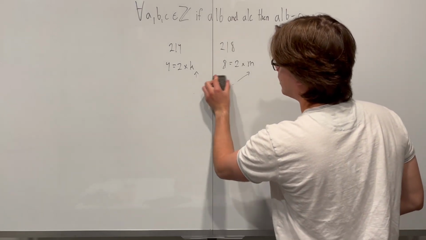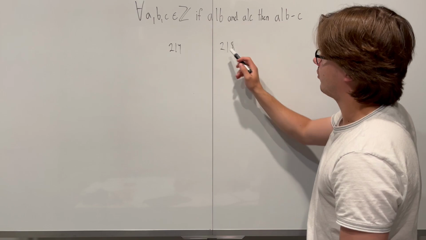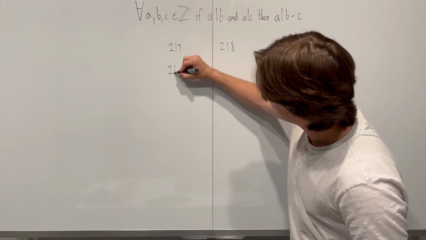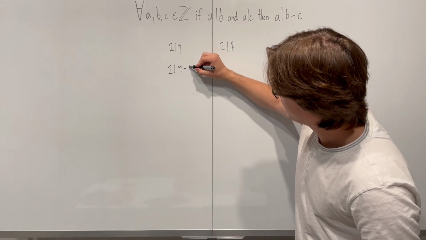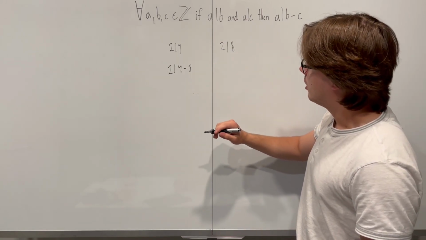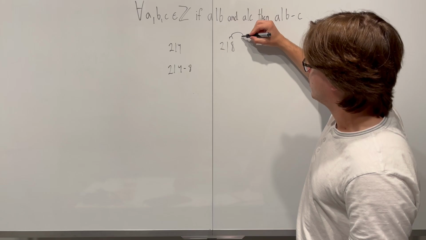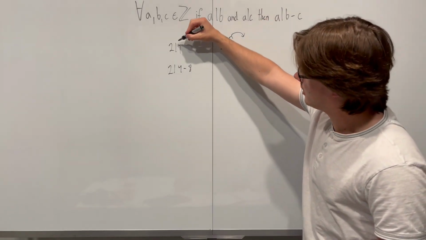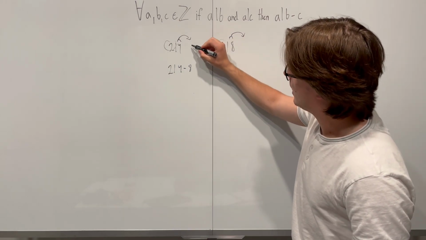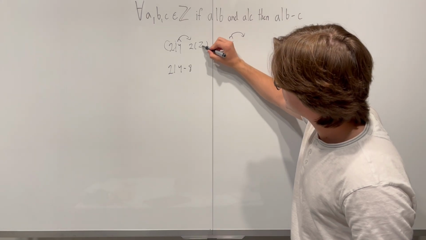So let's have a look at whether or not it's true that the difference between 4 and 8 is divisible by 2. So we can then ask ourselves, well, does 2 divide 4 minus 8? And the answer is probably. How do I know this? Well, when we're taking divisibility, we want to get it so what's on the right-hand side of this line can be written as what's on the left-hand side multiplied by some integer, right?